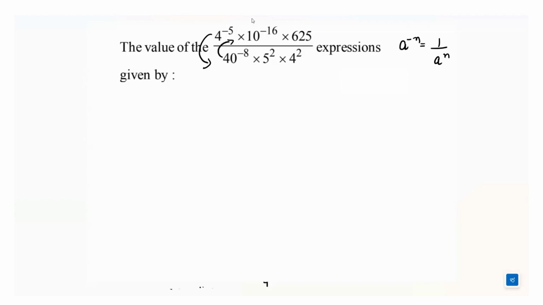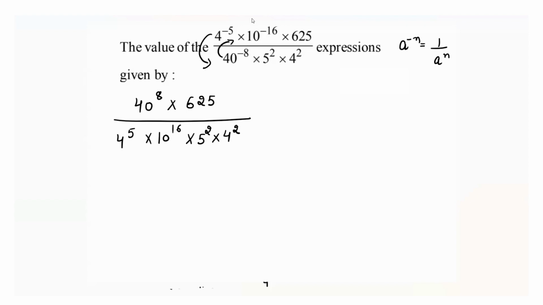Now here we will write 14 raised to power 8 into 625 divided by 4 raised to power 5 into 10 raised to power 16 into 5 raised to power 2 into 4 raised to power 2. These numbers will not change position in the numerator and denominator because they already have positive powers.